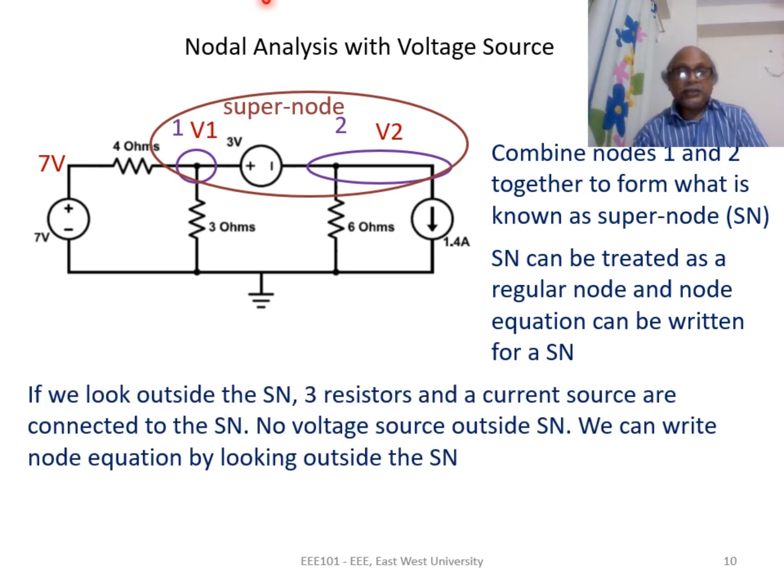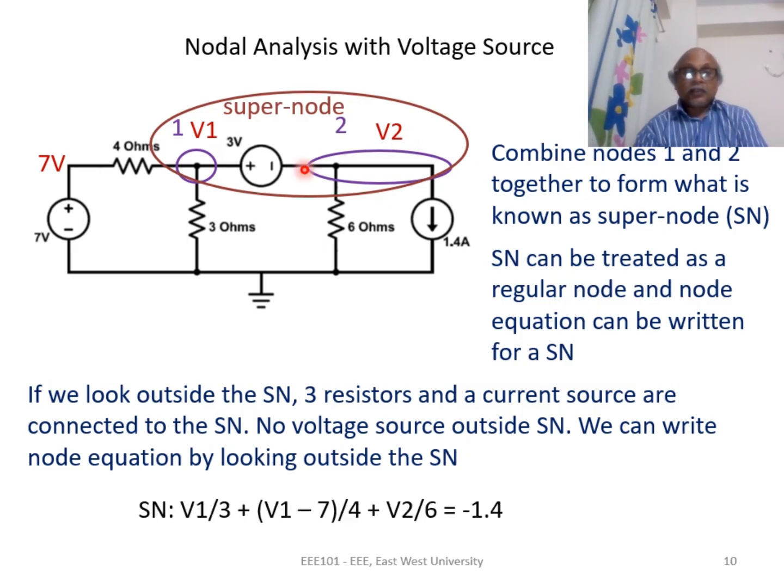If we look outside the supernode, we see there are 4 circuit elements connected. The 4 ohms resistance, the 3 ohms resistance, the 6 ohms resistance and the current source. There is no voltage source connected outside the supernode. So we can write a node equation outside the supernode. Let's write that. For the 3 ohms, the current leaving the supernode or node 1 is V1 by 3.